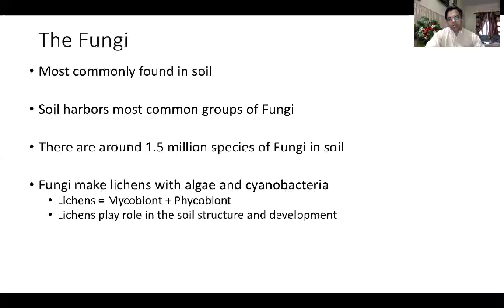Fungi also make different kinds of relations with other microorganisms like algae and cyanobacteria. This relation is known as lichens. Lichens have an important role in soil formation, because lichens have two organisms in combination.